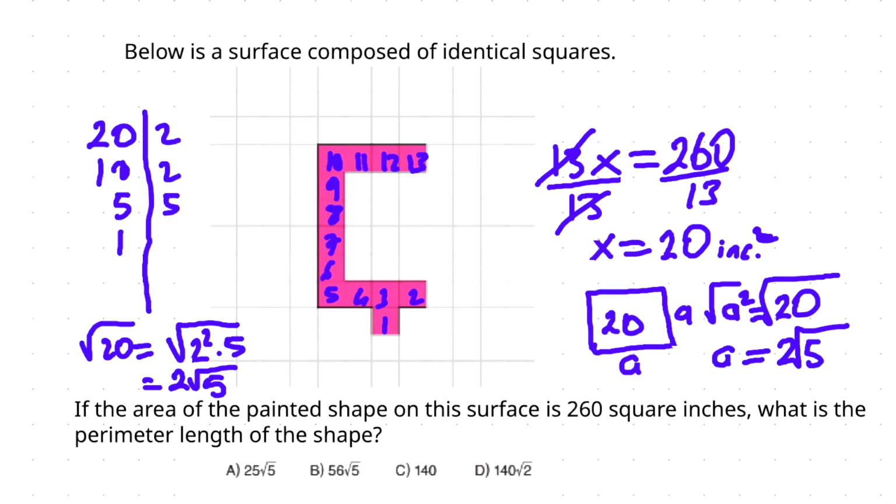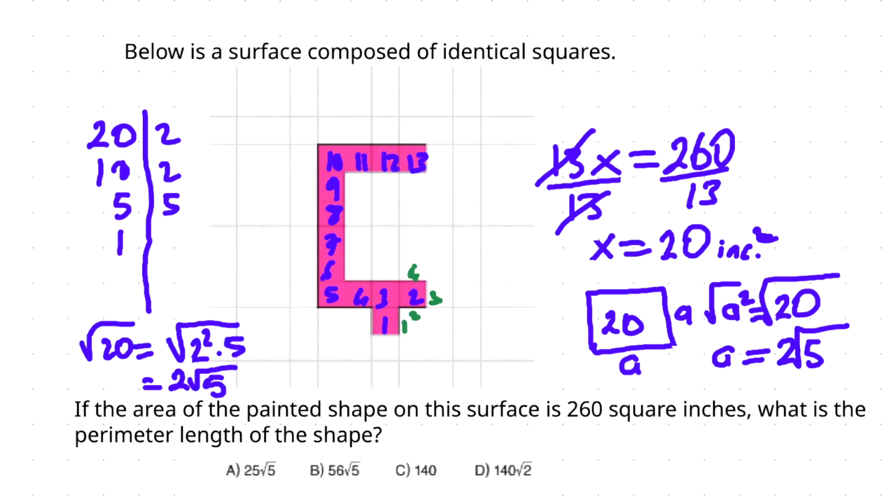So how many sides do we have on this shape? Let's continue and count them. I'm going to use a green color for that. So in this shape we have 1, 2, 3, 4.